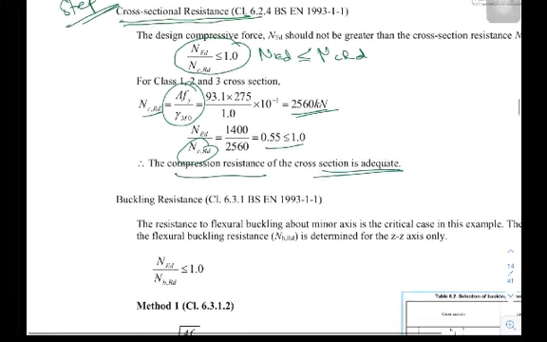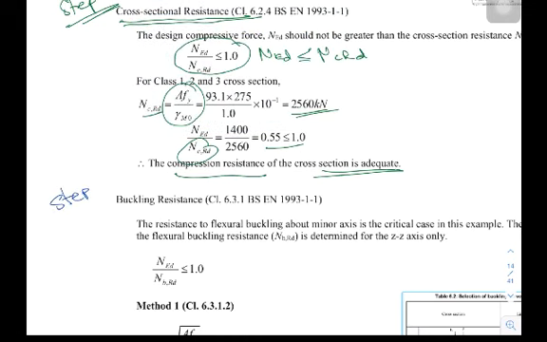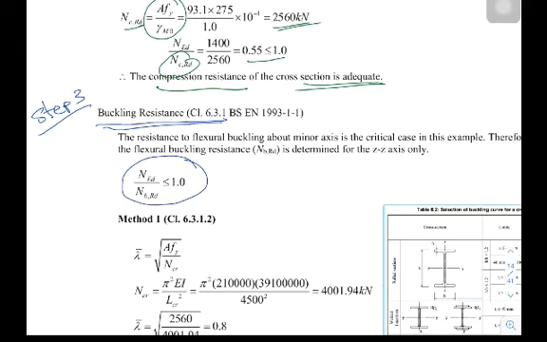resistance. The next step is actually the step number 3 is on checking the buckling resistance. To check the buckling resistance, we have to comply with this formula here, which is actually NED, which is the design axial load, must be less than or equal to the resistance to flexural buckling NBRD.